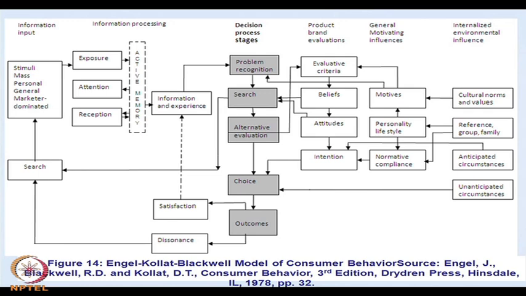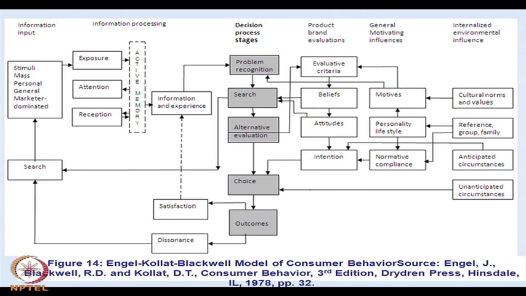It is noteworthy to mention that because the stimuli come from various sources and in many forms, both marketing dominated or non-marketing, the various stimuli compete for the customer's attention.